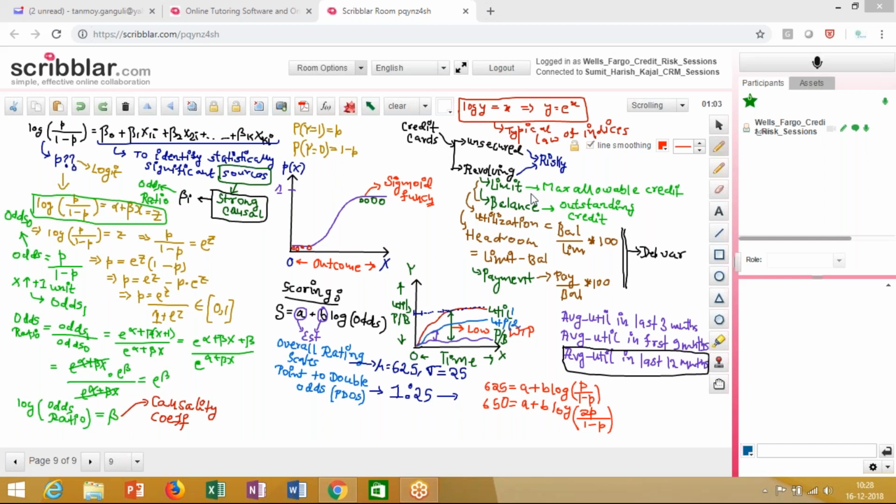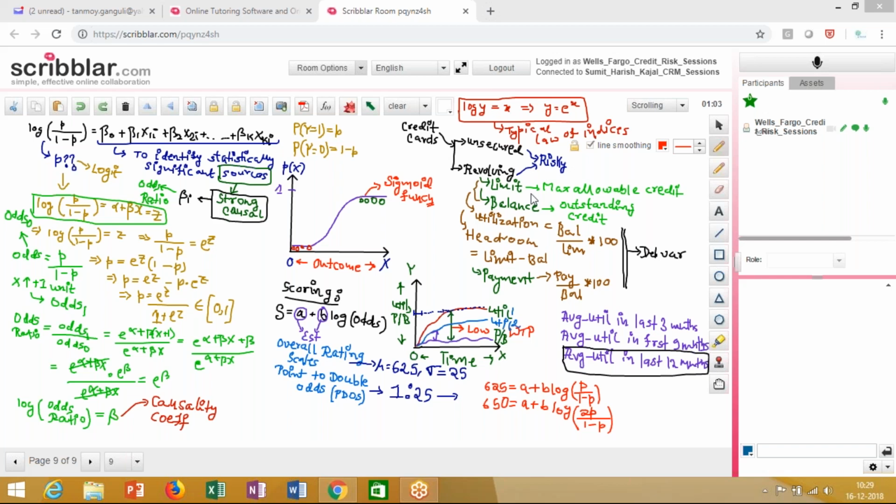No, it's not that the probability of default doubles. It's the probability of the event to occur relative to the non-event, right? So the log of this ratio doubles. What it says is that the chances of y equals 1, whatever your event is, the probability of that event relative to the non-event doubles. The log of that doubles.